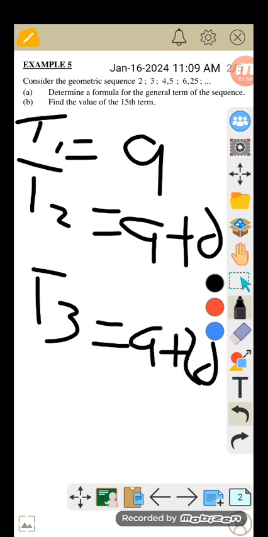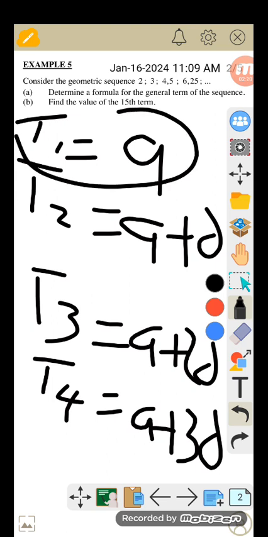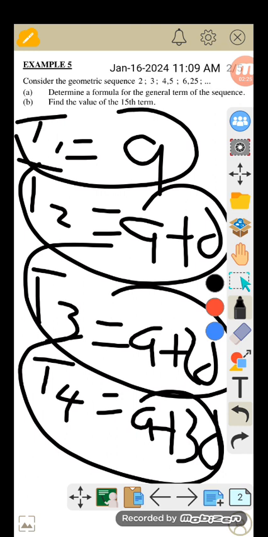And T4 is always equal to A plus 3D, like that, guys. In an arithmetic sequence, if you don't have a formula but you have your first term, which is A, and your constant difference, which is D, you can also find these terms. You can find T1, T2, T3, and T4. You see, guys, just like that.